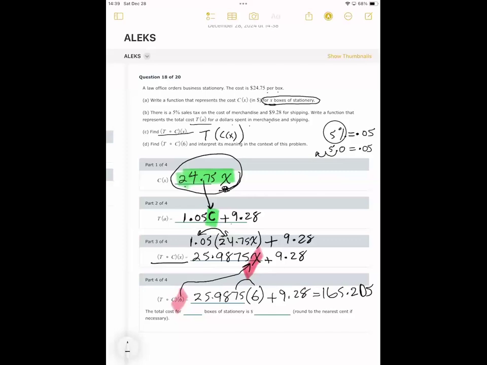So it says the total cost for 6 boxes of stationery is $165.21. Round to the nearest cent. You don't pay 205 cents, you pay 21 cents. If this is 5 or more, then make this 1. If this is 4, you drop it. So rounded to the nearest cent, it becomes 21, and that is the answer.